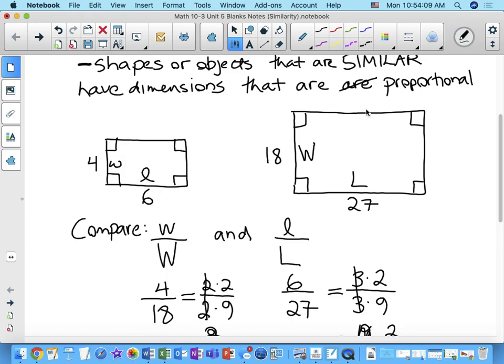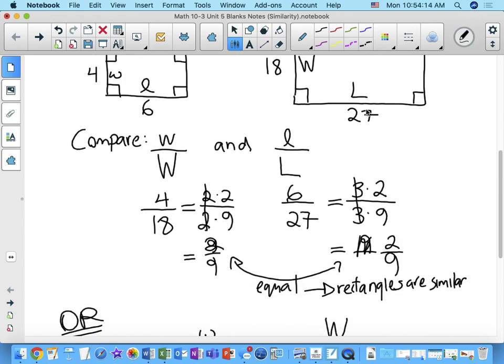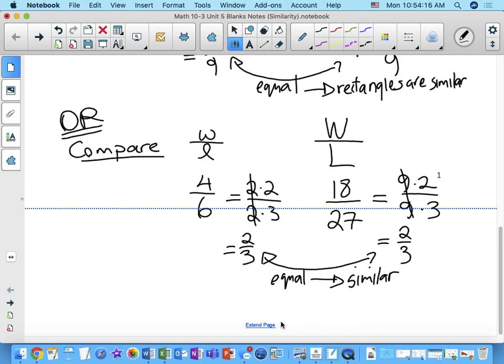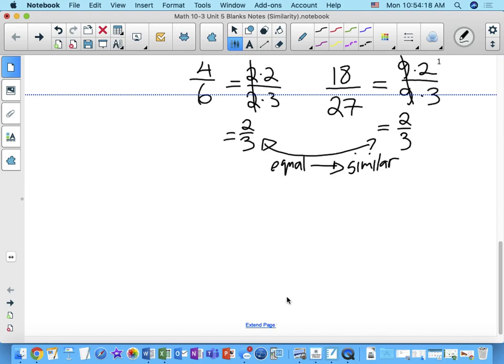One way that we can figure out a scale factor is this way. Sometimes you can think of a scale factor as producing a model.